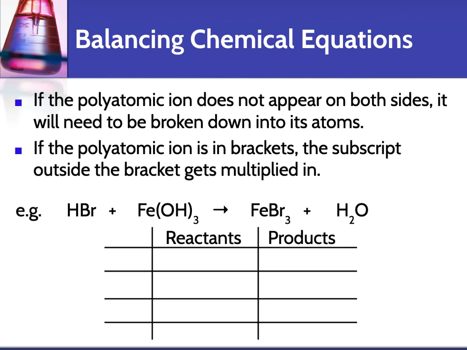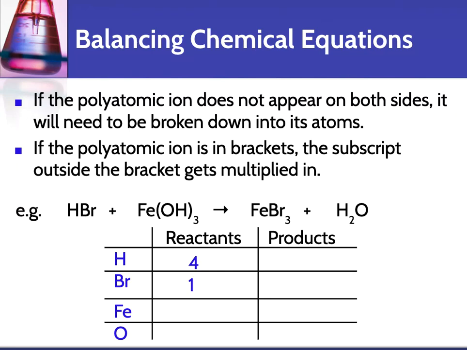We set up our table. Because OH as a polyatomic ion doesn't exist on both sides, we need to break it down. So we've got hydrogens, bromines, iron, and oxygen. On the reactant side, there are 4 hydrogen, 1 from HBr and then 3 from Fe(OH)3.